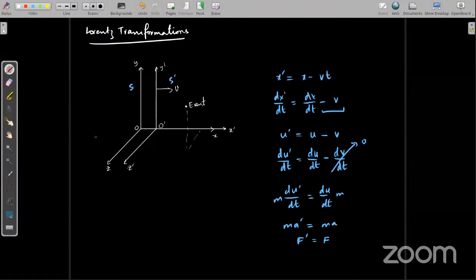And that's why we put a strict condition that v here is constant, or you can also call it uniform. It doesn't change. Okay, and it is the relative velocity.